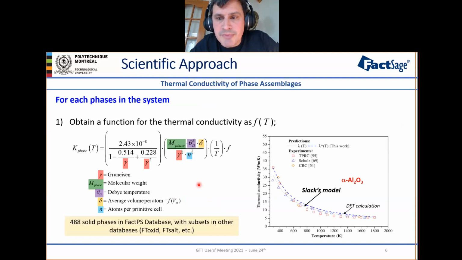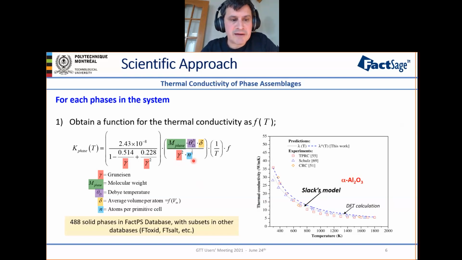So in order to compute the thermal conductivity of a pure solid phase as a function of temperature, we need information about that phase: its structure, its molecular weight, its Debye temperature, its Gruneisen parameter, its average volume per atom, and the number of atoms per primitive cell.